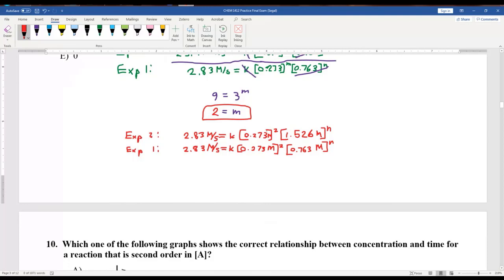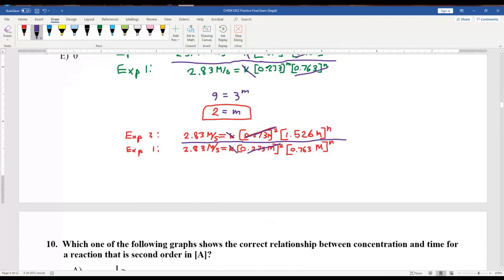To the n power. Well, when I divide these, 0.273 squared over 0.273 squared is going to cancel out. And then I'm going to go ahead and cancel out the K as well, because I don't know that one.